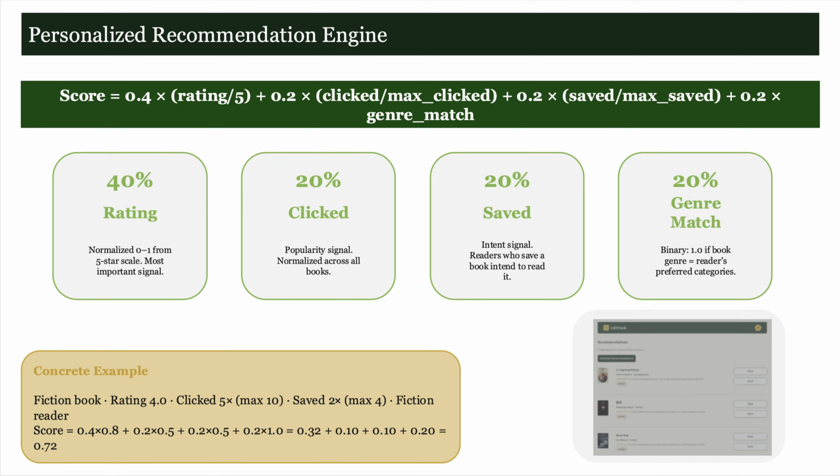Clicks, saves, and genre match each contribute 20%. For example, if a fiction book has a 4.0 rating, moderate click and save counts, and matches a fiction reader's preference, the score becomes 0.72. This makes the recommendation logic simple, explainable, and directly connected to user behavior.